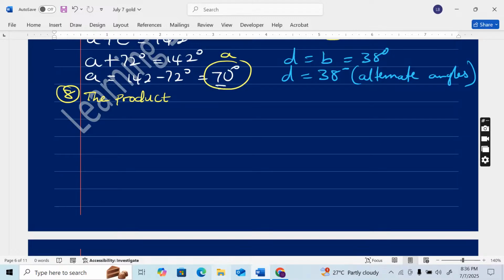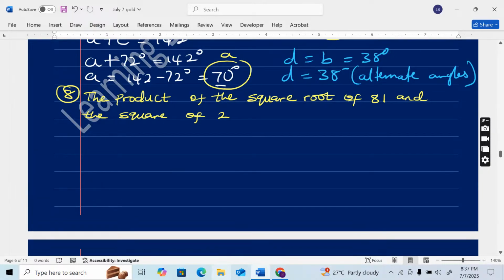The next question says, the product of the square root of 81 and the square of 2 is dash.